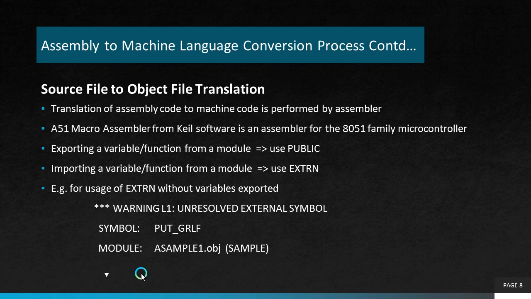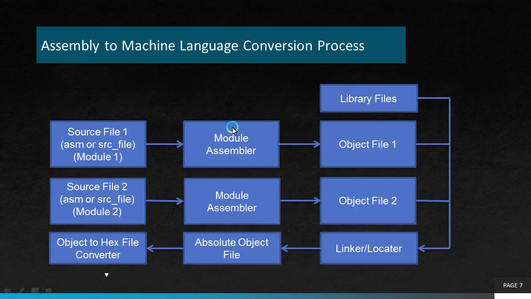First, source file to object file translation. Translation of assembly code to machine code is performed by the assembler. What happens in this step is that we will have our source modules or files written in assembly and they are stored as .src or .asm files.